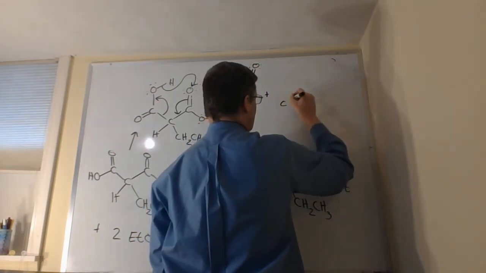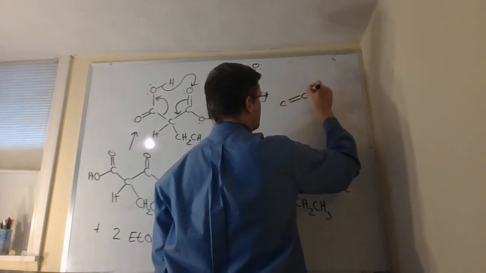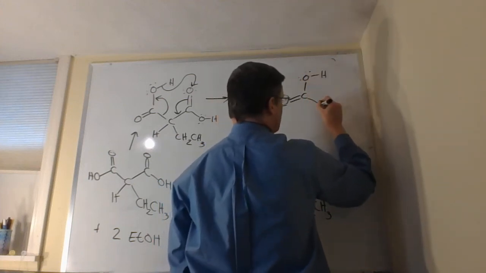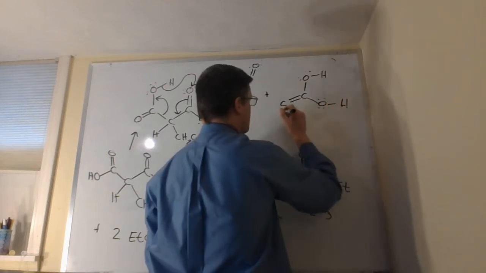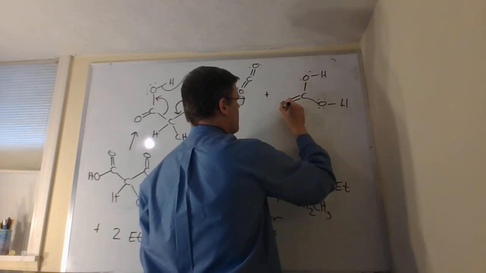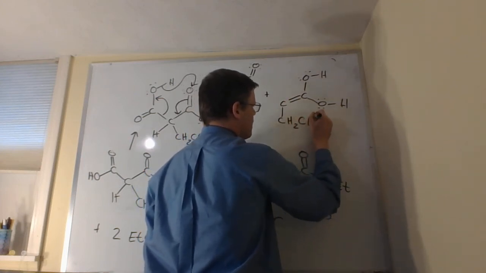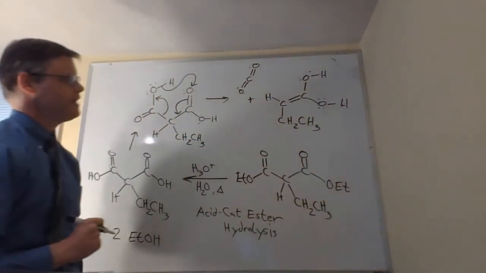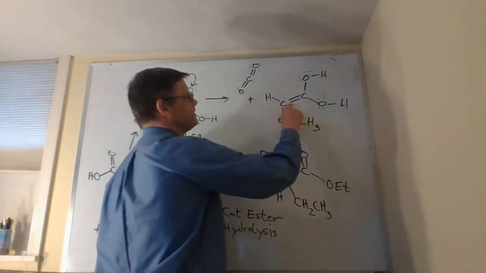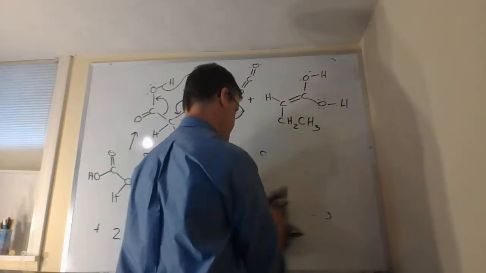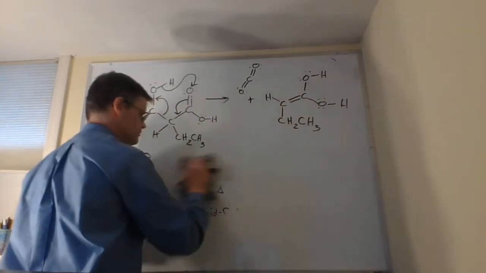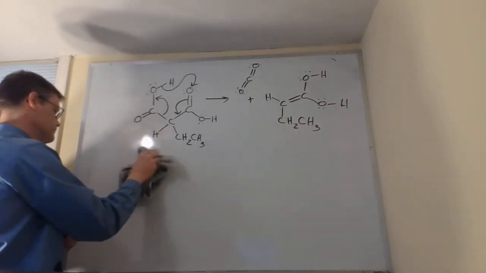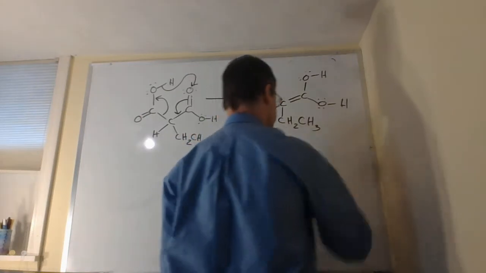And we're making this. And that looks kind of like an enol, because it is an enol. And you might remember that either under acidic or basic conditions, we can tautomerize an enol over 2 proton transfers to the keto form.